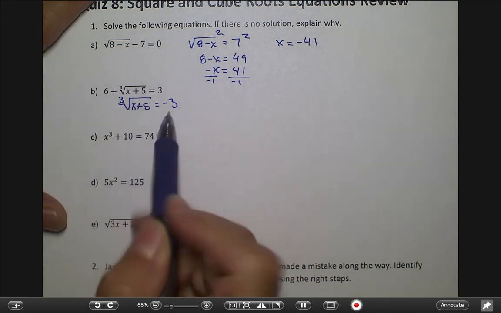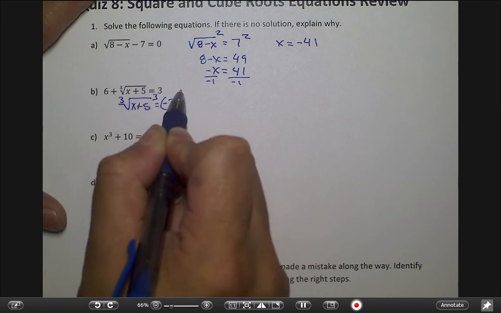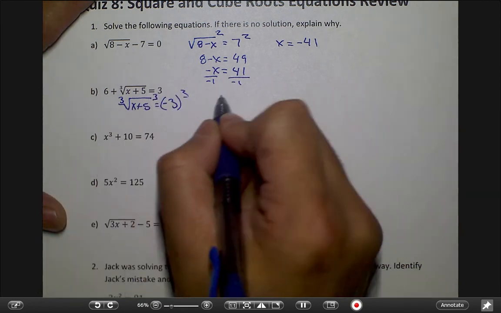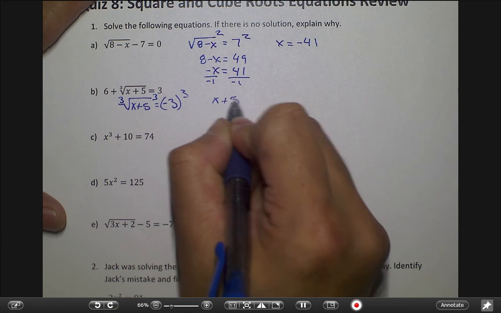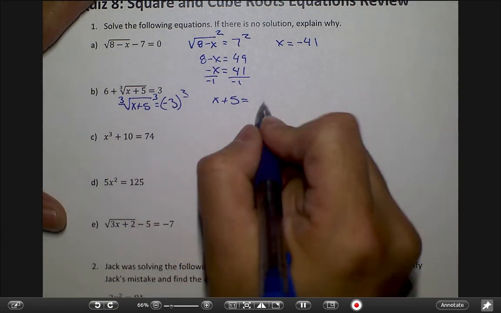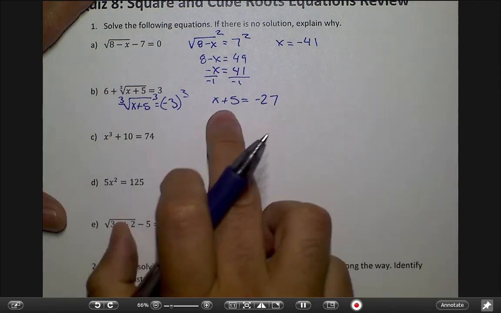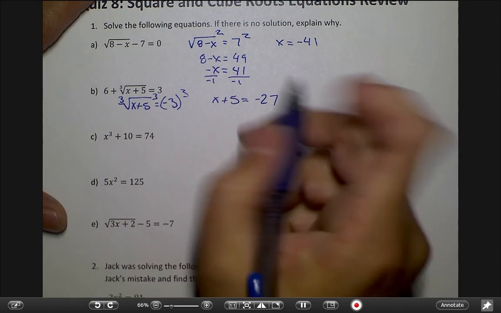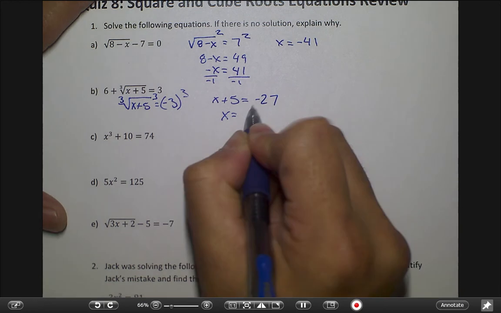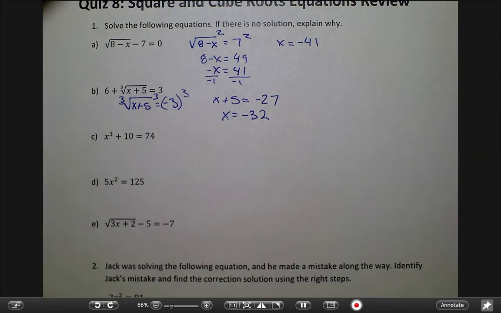So now I'm going to raise everything to the third power. I get x plus 5 equals, now negative 3 to the third power is negative 27. Very good. Subtract 5 from both sides. So x is negative 32. Very good.